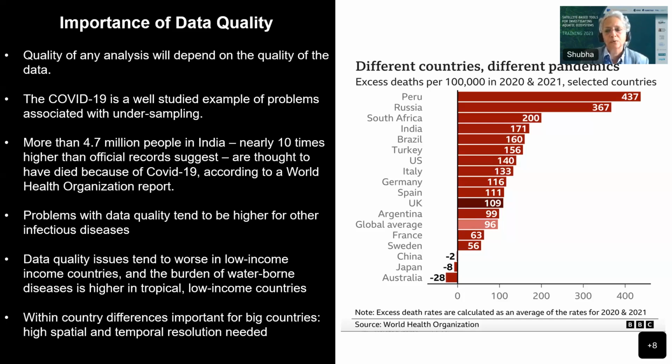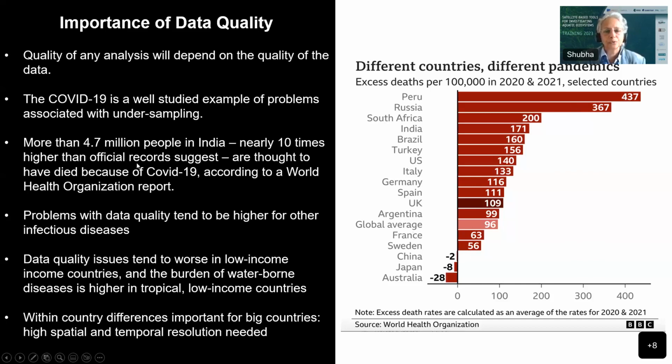Now, COVID-19 was a well-studied example of problems related to undersampling. And in this report in the BBC of a World Health Organization's report, they show the excess deaths associated with COVID-19 in different countries. And these are huge numbers.